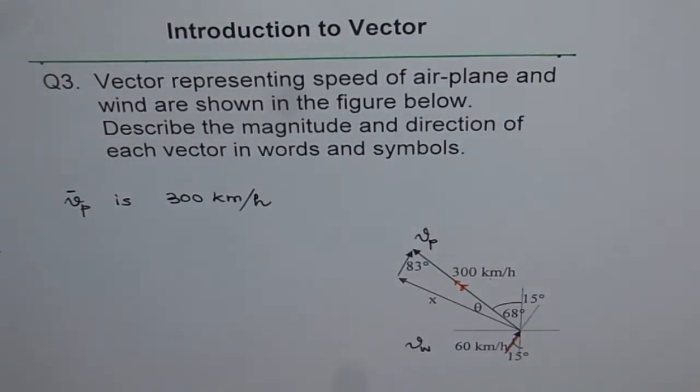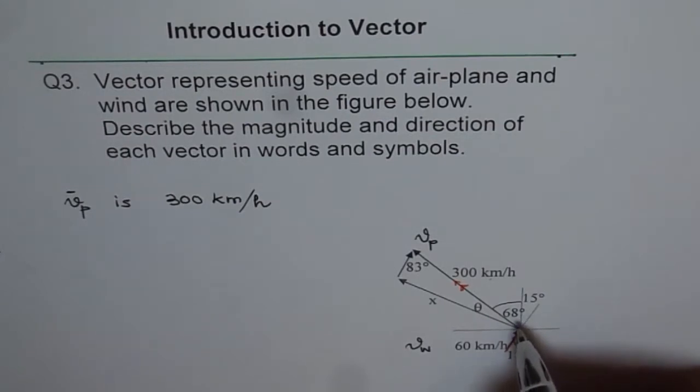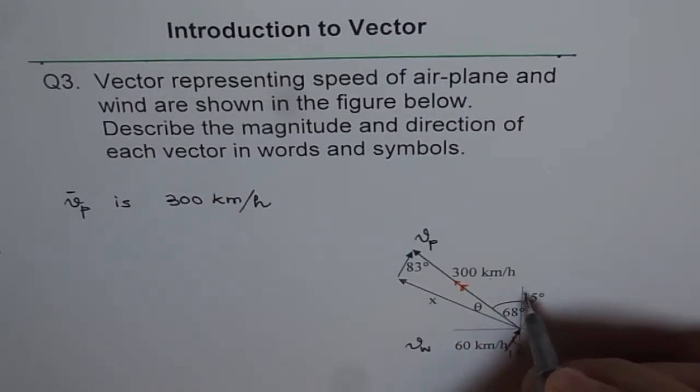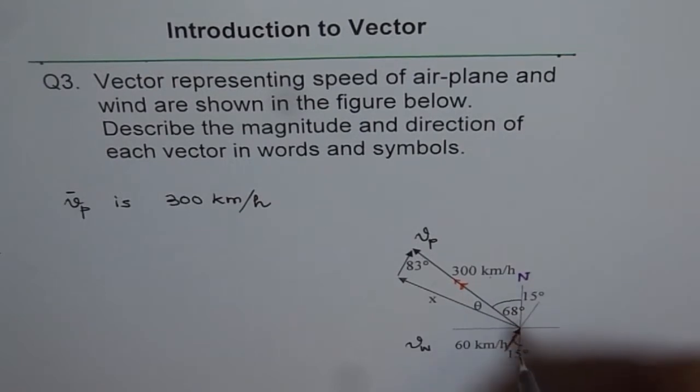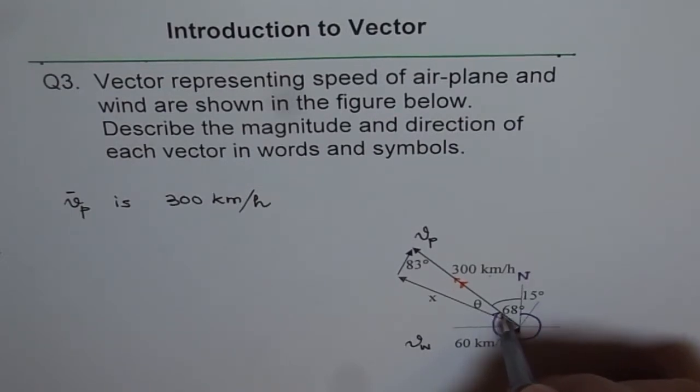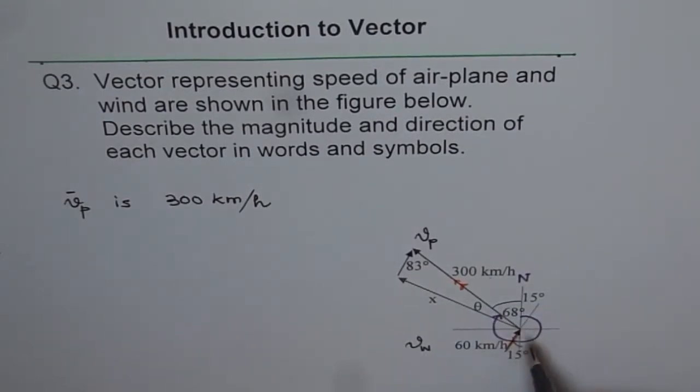Now we have to give direction to this. What is the direction? To give direction for planes, the best thing is to always write it in terms of bearing angle. This is your north, and that is the direction in which the plane is going. From here, the angle is this much. We were already given the angle from north, 68, which is less than 360.